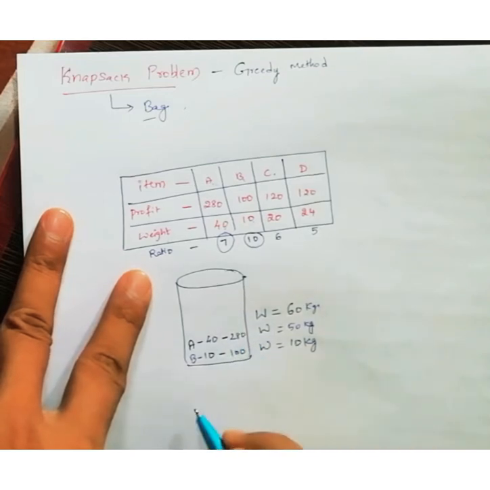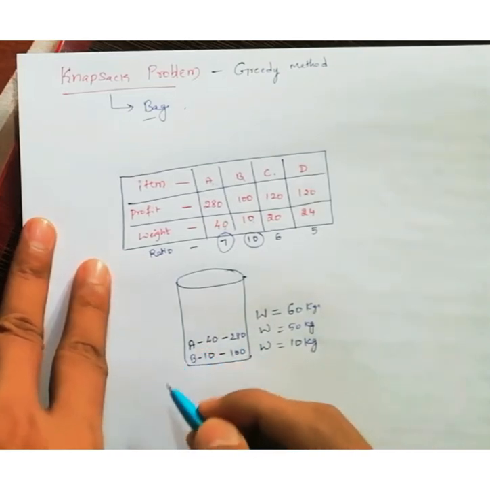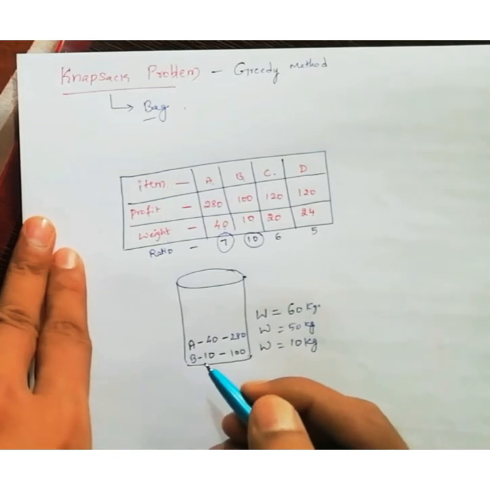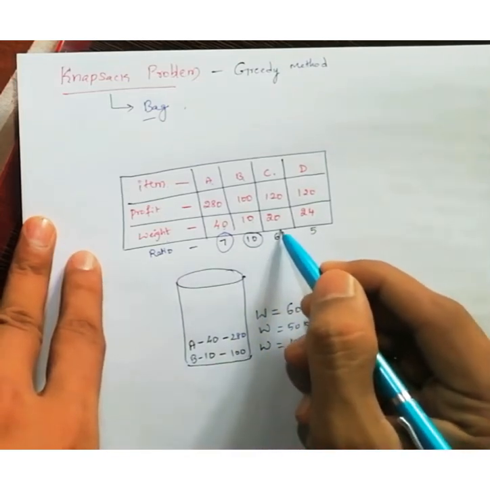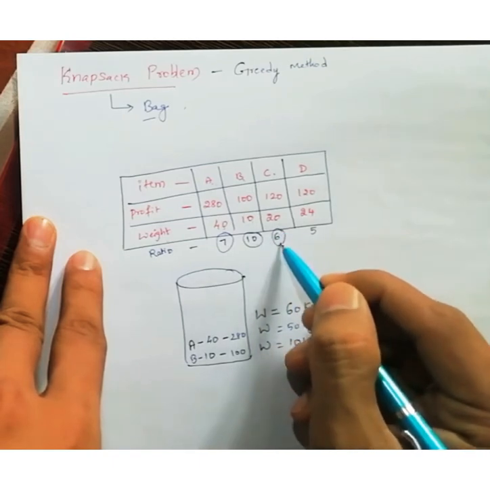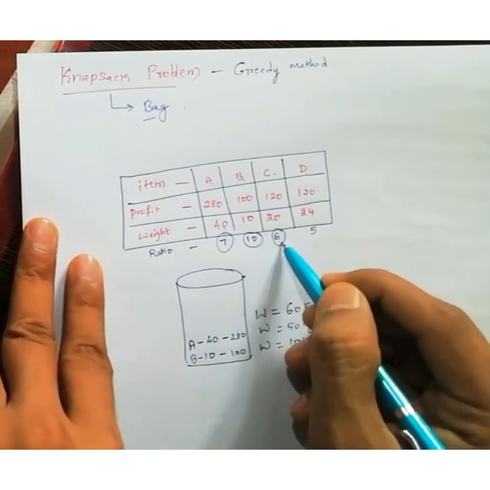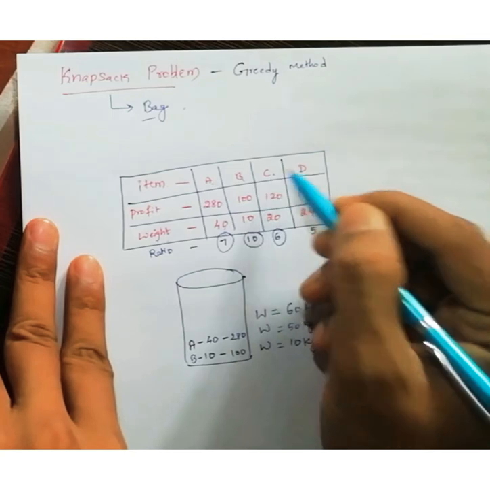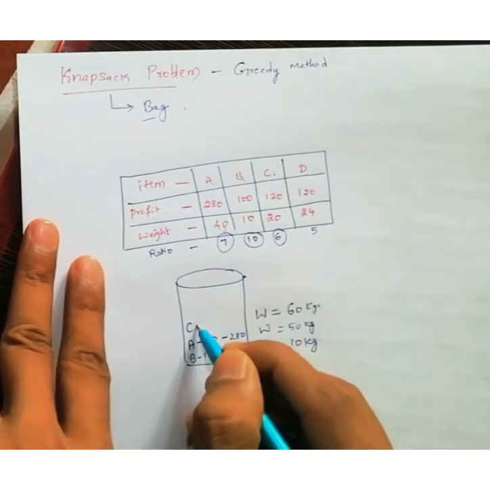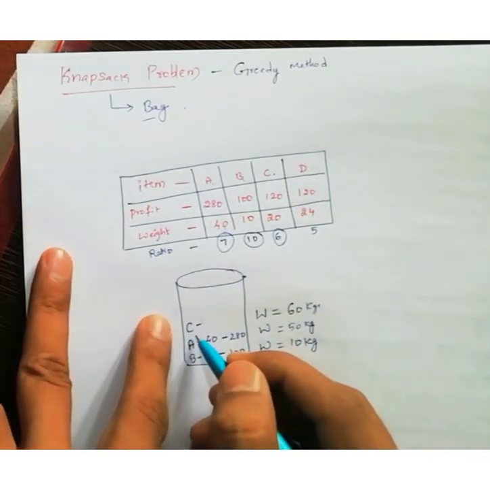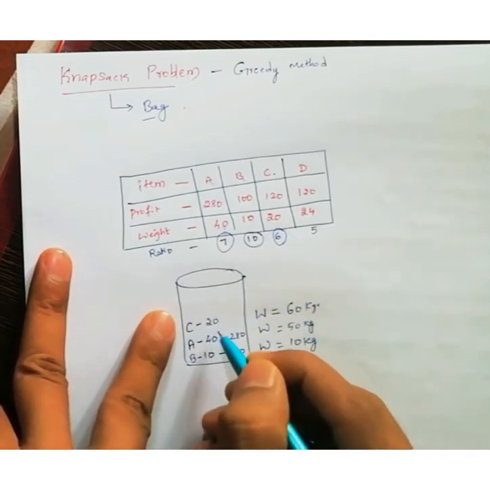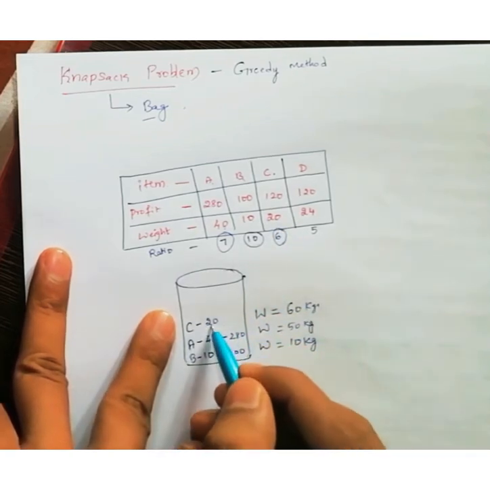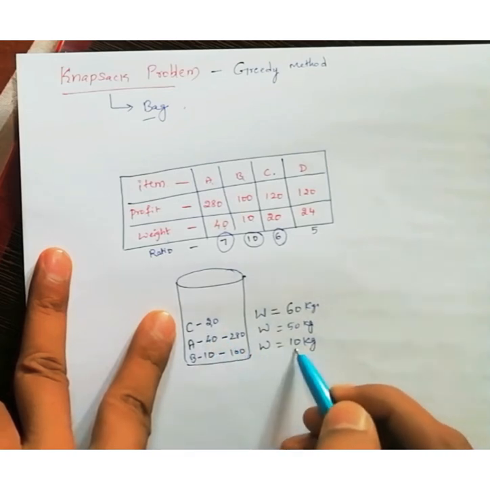Now, which item are we going to store next? The next maximum profit is 6 rupees per kg, so we select item C. What is the weight of C? 20. But can you store 20 when the bag has only 10 kg left?